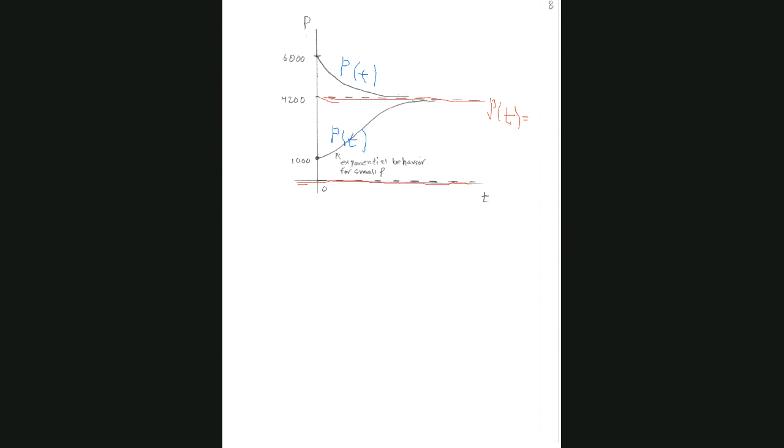It's a horizontal line. You know how to get equations of horizontal lines, like y equals 10, y equals 4. What's P of t equal to for this horizontal line? That's right, Robin and Josiah. Very good. P of t there equals 4,200.